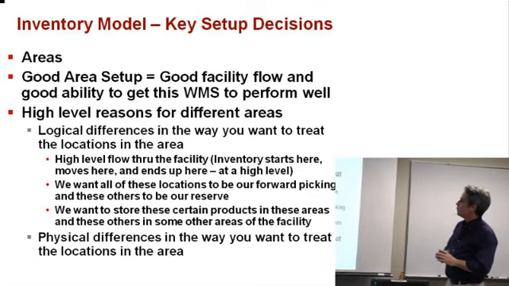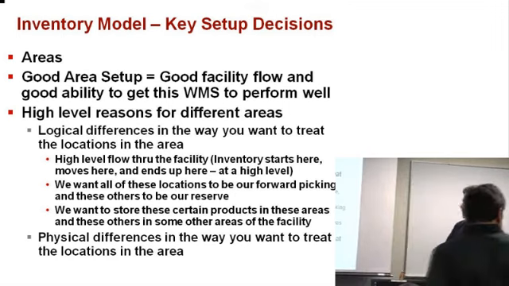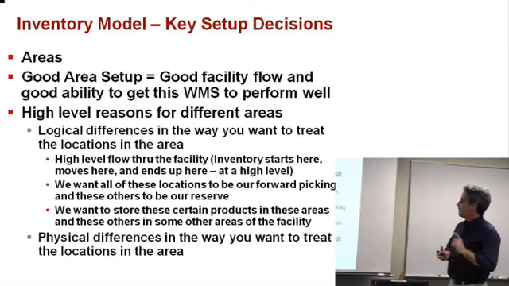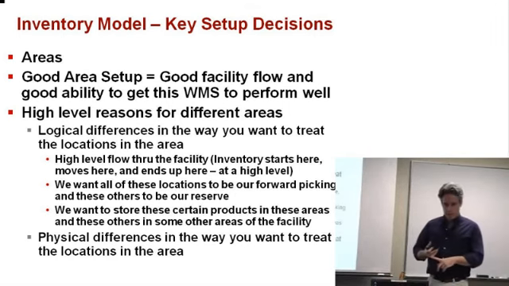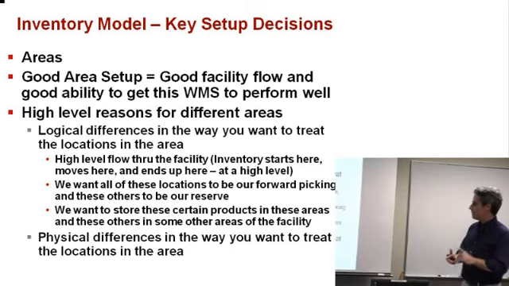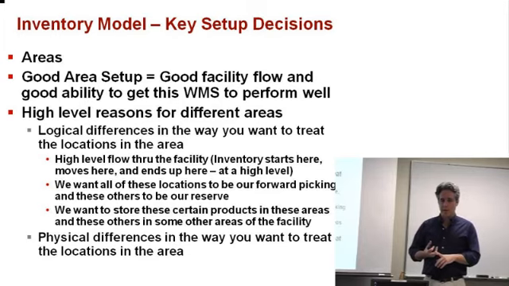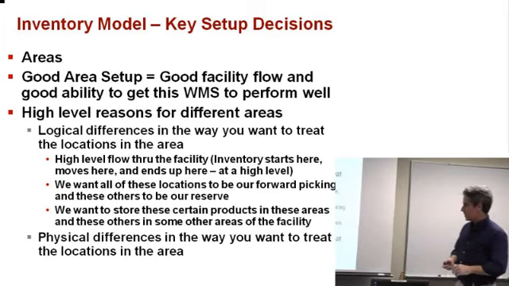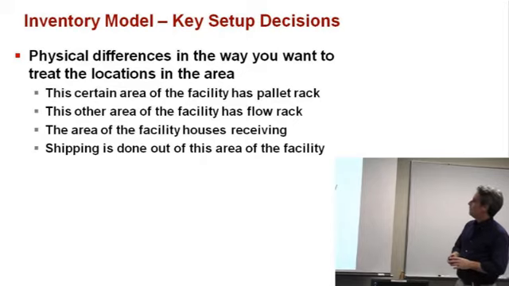So there's a couple different reasons to have different areas. We have logical differences. You've got a high flow-through area in the facility. You want these sets of locations treated differently than these. You want to store certain products in this area versus another area. Those are logical reasons. There's also physical reasons.